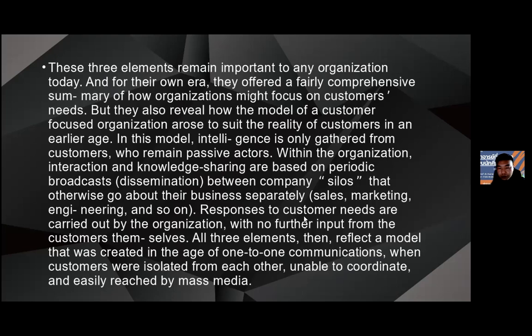Responses to consumer needs are carried out by the organization with no further input from the consumers themselves. All 3 elements then reflect a model that was created in the age of one-to-one communication, when customers were isolated from each other, unable to coordinate, and easily reached by mass media.